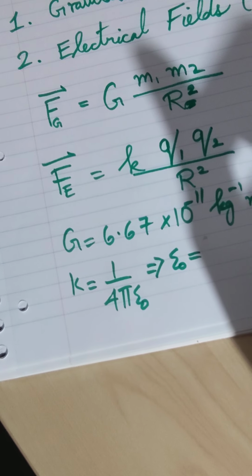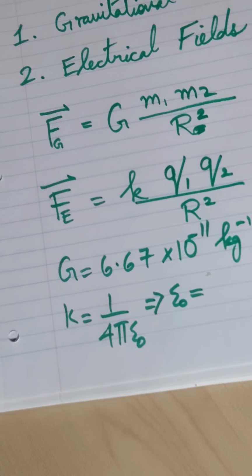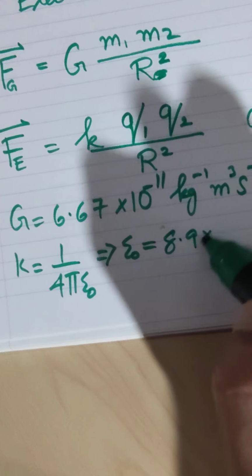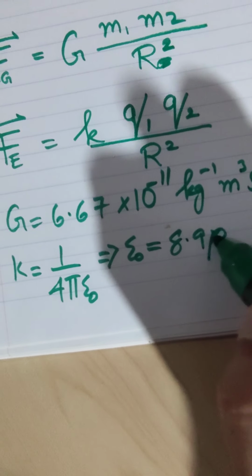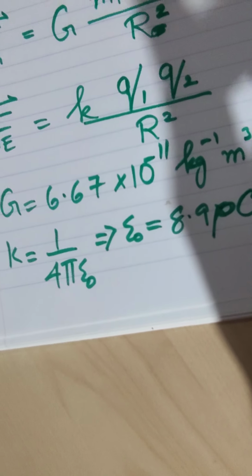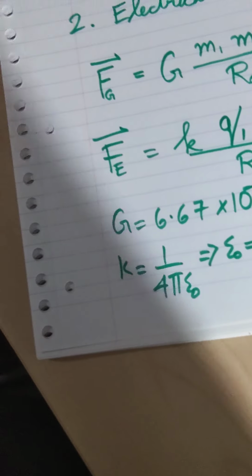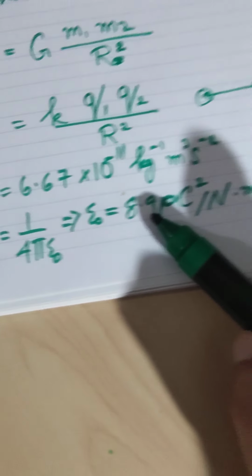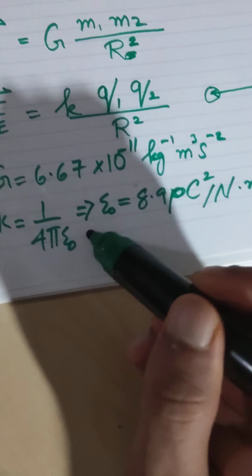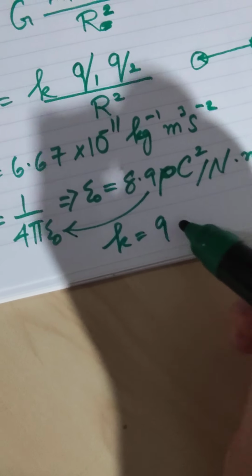I don't remember the value, but I think it's 8.9 times 10 to the power minus 12 coulombs squared per newton meter squared. But when you put this value 8.9 picocoulomb squared per newton meter squared in here, the K value comes out to be 9 billion.